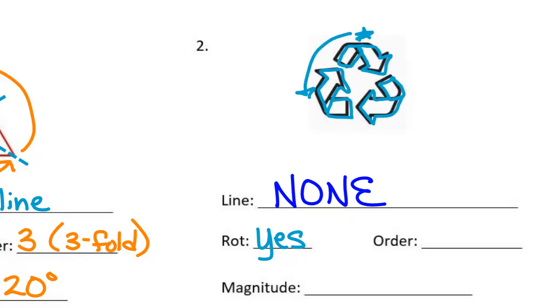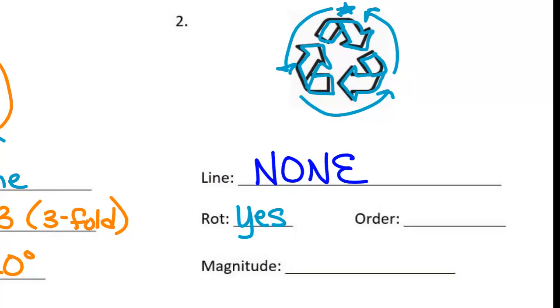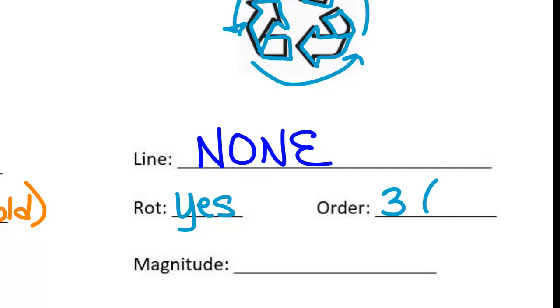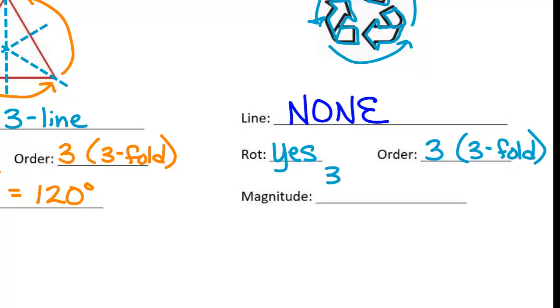So I've got 1, 2, 3 for my order. 3 or 3-fold. So just like the previous problem, that means my magnitude is 360 divided by 3, or 120 degrees.